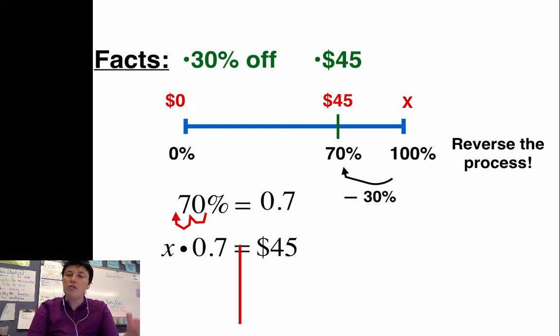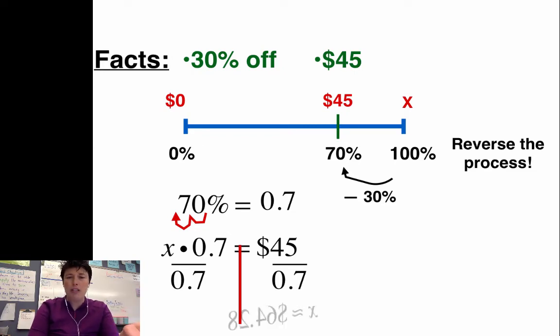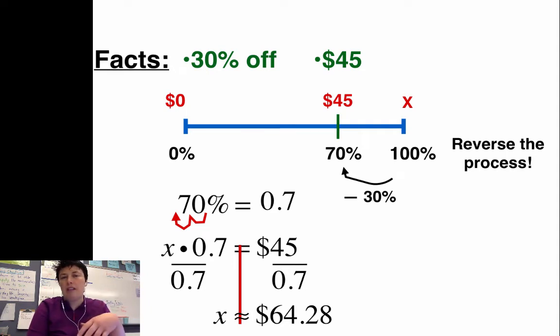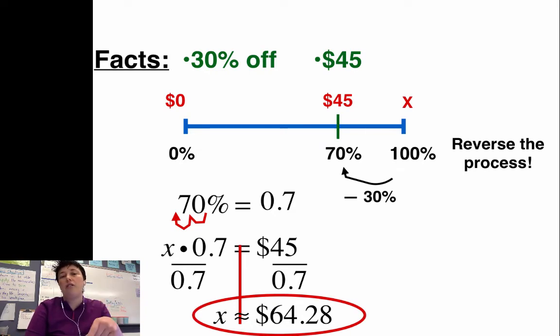We're going to undo this process by dividing the 0.7 away. $45 divided by 0.70 or 0.7 is about, I'm rounding here, $64.28. It was a longer decimal than that, but I went for a rounded answer here. So originally, the cost of that necklace was $64.28, but she got a deal. She got 30% off, and she only had to pay $45.